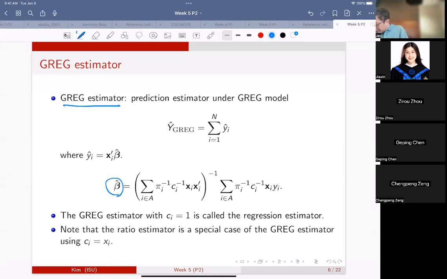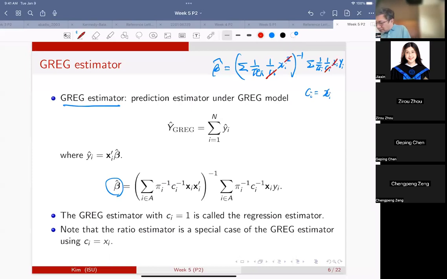If Xi is a scalar, then beta hat is what? The inverse of the summation of 1 over pi_i, 1 over Ci, Xi squared, times the summation of 1 over pi_i, 1 over Ci, Xi Yi. And then Ci equal to Xi, so we have a cancellation.